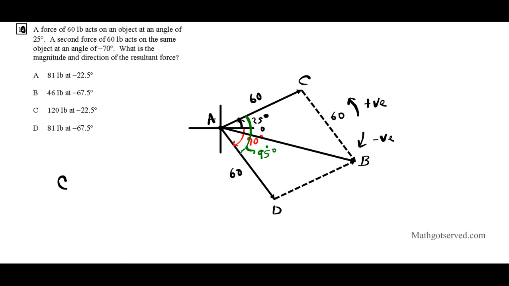So angle C is basically 180 degrees minus 95. Okay, so if you do the calculations, you find out that angle C is 85 degrees. All right, so this is 95. This angle right here is 85. The opposite angles of a parallelogram are congruent, so this is also 95. And this angle right here is 85.